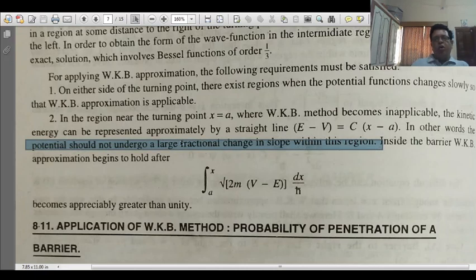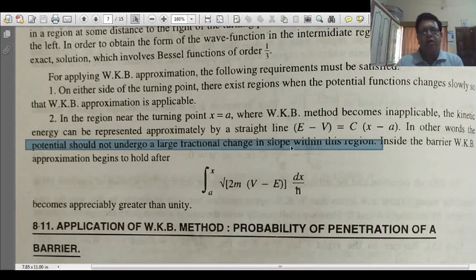The potential changes, but the fractional change is not too large.